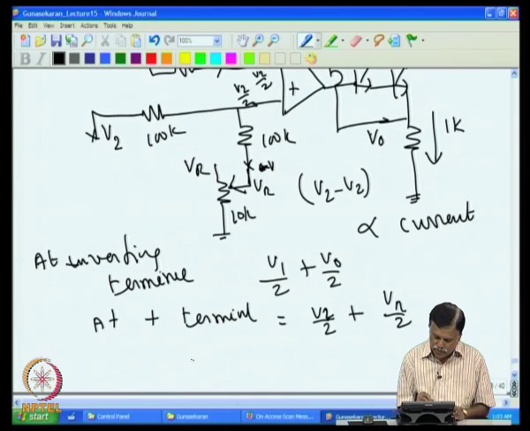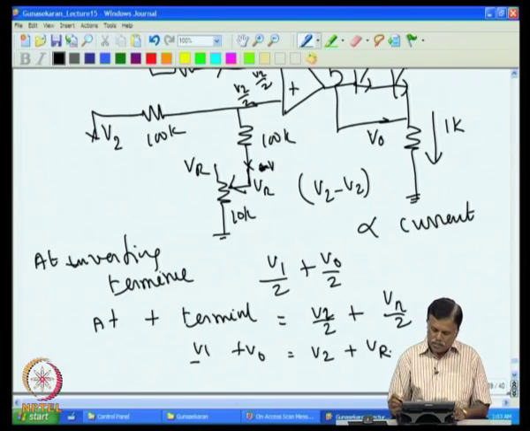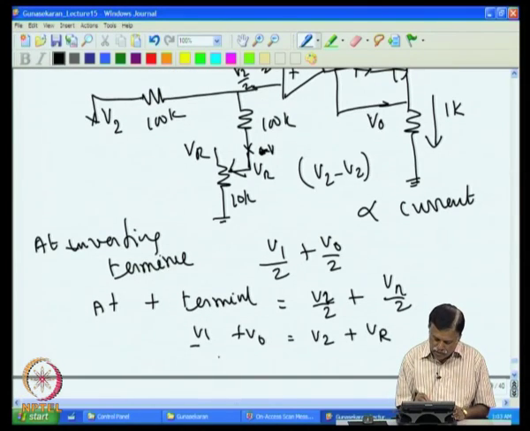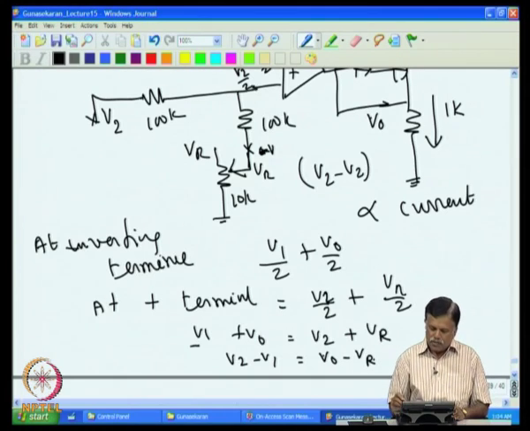So, essentially V1 plus V0 will be equal to V2 plus VR. If I take this outside, you will get V2 minus V1 equal to V0 minus VR, bringing V1 to this side.